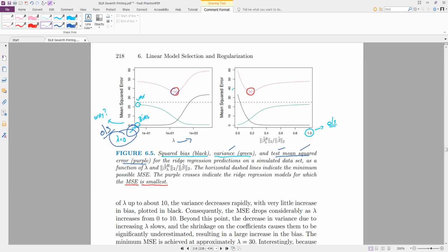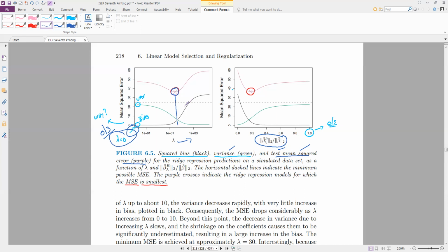It gets its lowest point over here. So you can see it's getting its lowest point for a given amount of variance and bias over here. And we can see very much the same effect over here, where again, we have the ratio, okay?